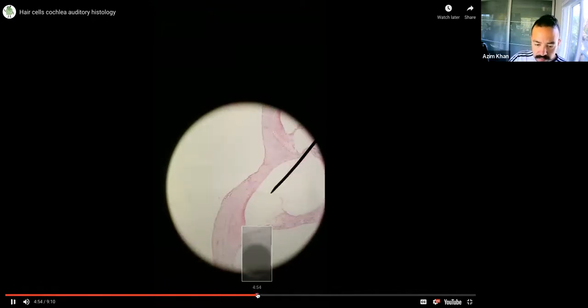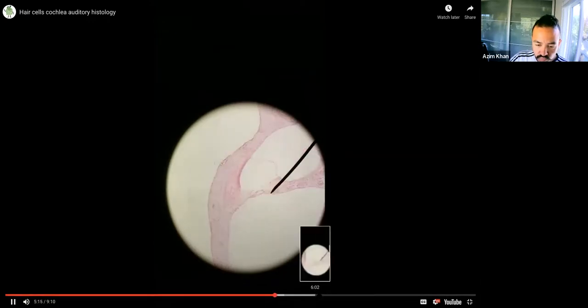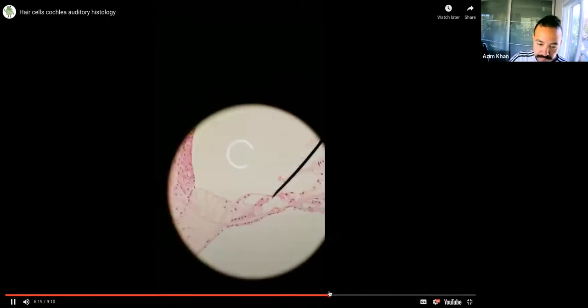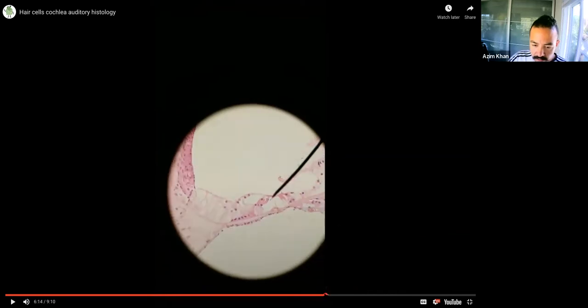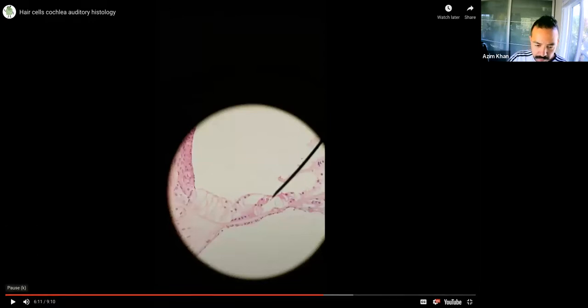If we go to 400x, here we're zooming in on the organ of Corti.